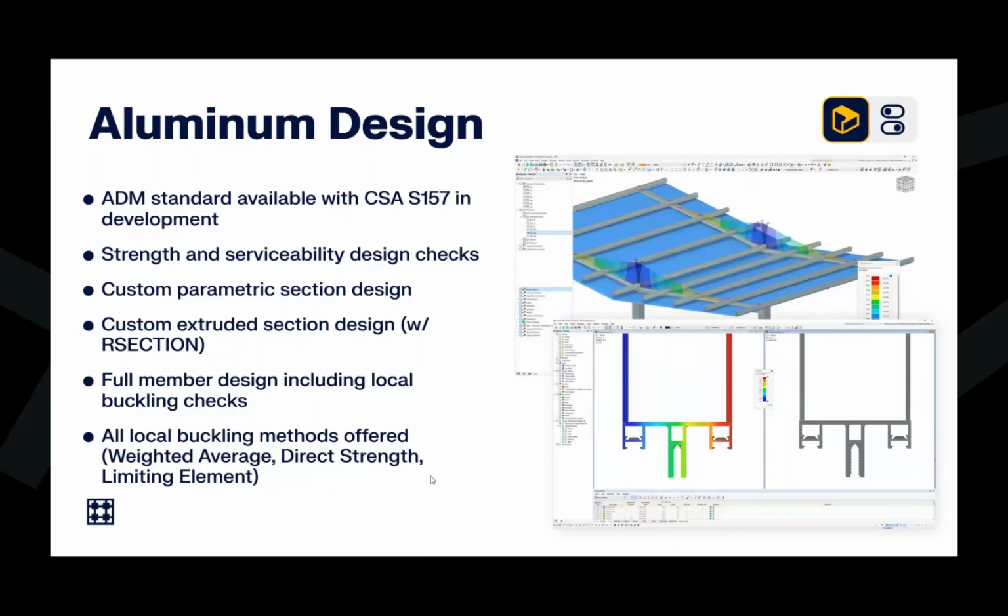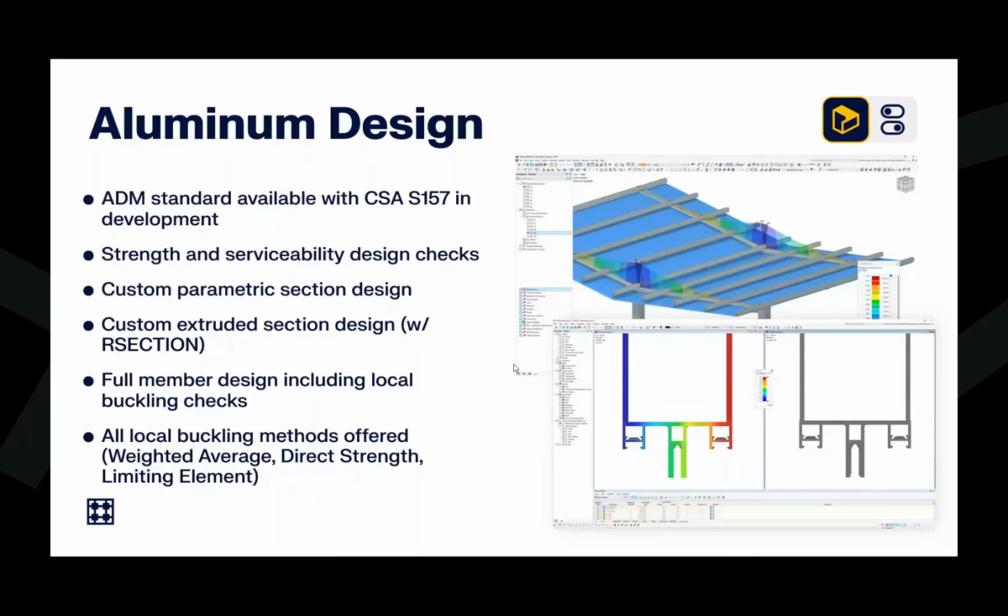the ADM. But similar to cold form steel, we can get design of the parametric sections, again, a handful offered within RFEM, or we can utilize RSECTION. And I'll get into the details of RSECTION in a few minutes, but essentially I can bring in this custom extruded shape like what we see over here on the right-hand side, and I can get full member design according to the ADM.